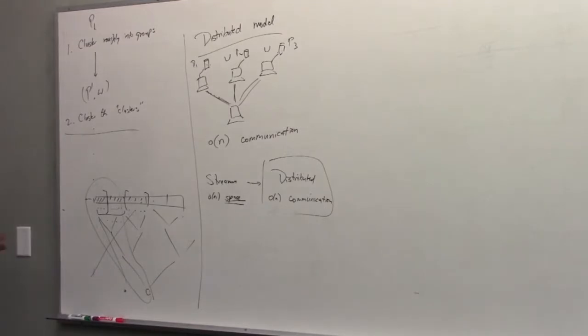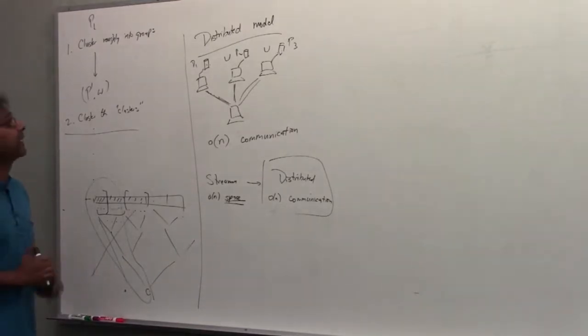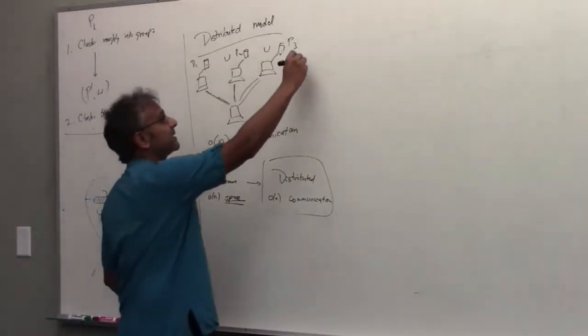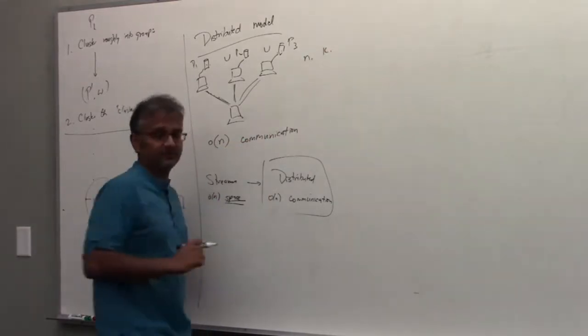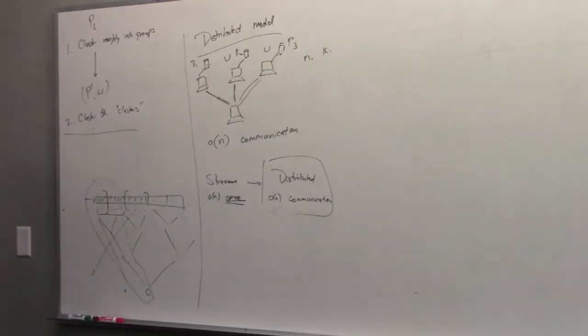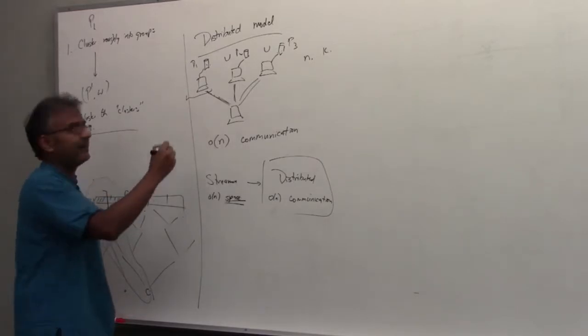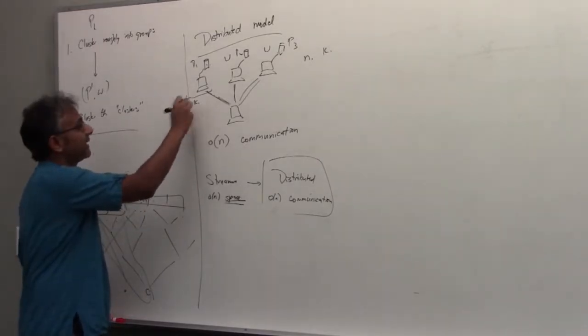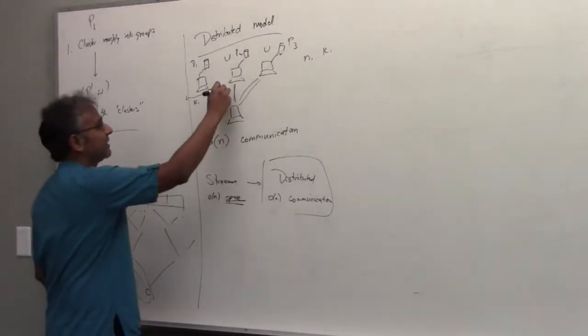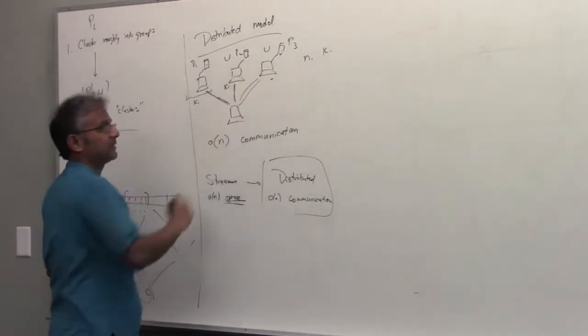So for example, let's say you have n points, and you want to do k-clustering, let's say. We're not dealing with k-means just yet. What might you do? You cluster these points into some k_i clusters.